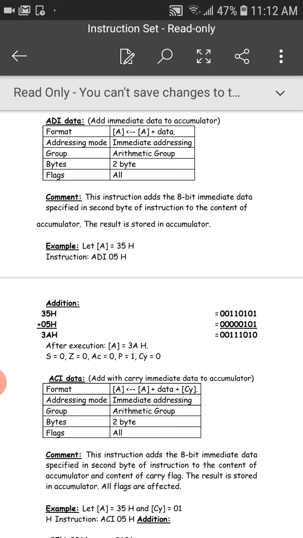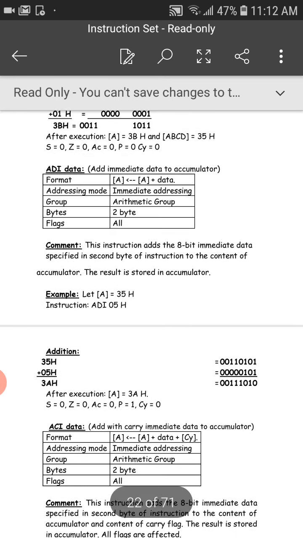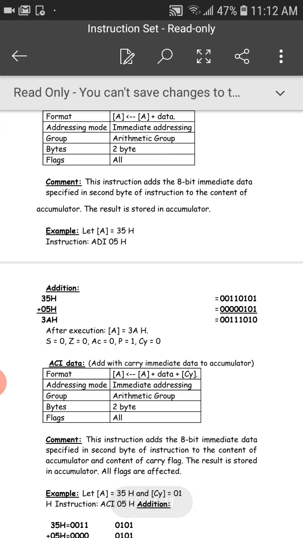So that's why our flag values are also the same here as in the previous instructions. You can check out the previous section instructions. So the flag values are the same, that is S is equal to 0, Z is equal to 0, auxiliary carry is equal to 0, parity is equal to 1 and CY is equal to 0. So if your MSB bit is 0, then S is 0, and your result is not zero, so the zero flag is 0, meaning it contains some data.